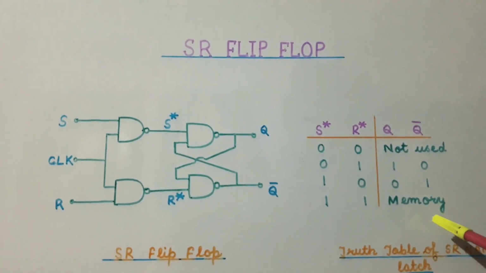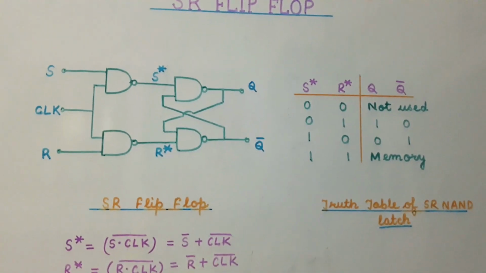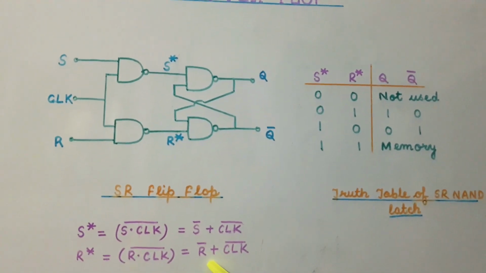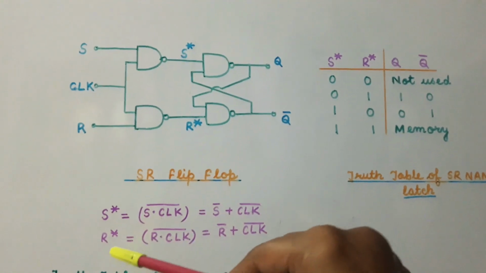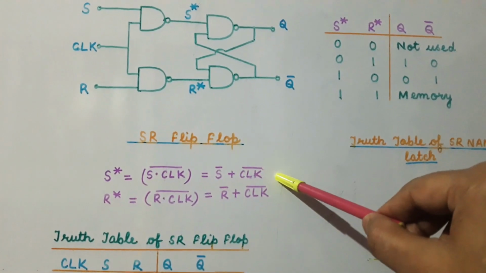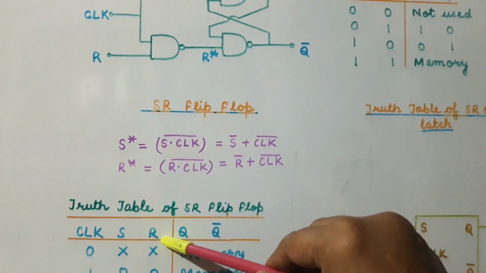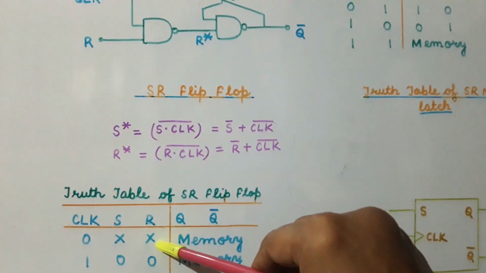And we also find that whatever be the value of the S complement or R complement, the value of S star and R star will always be equal to 1. That is, S and R are don't care.